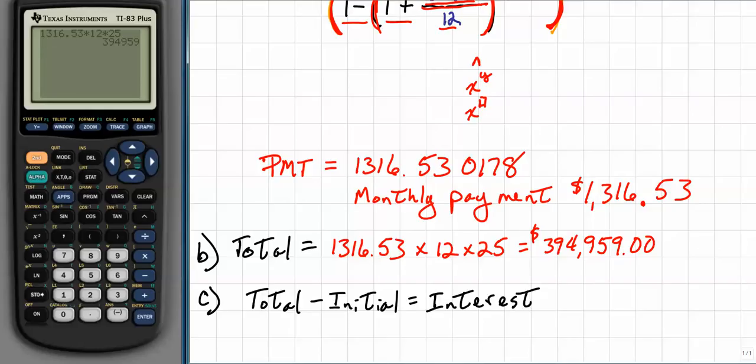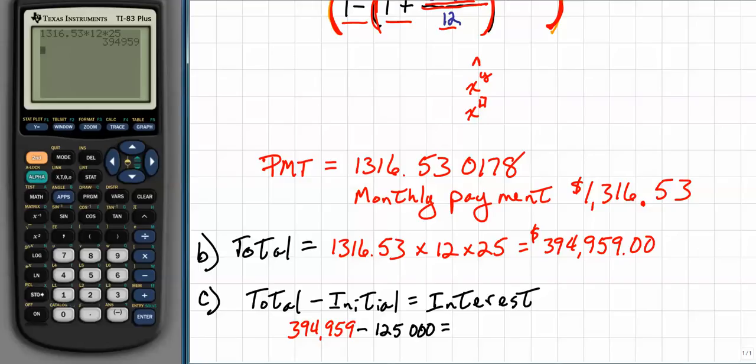So we'll take the $394,959 and we will subtract from that $125,000, and that's going to give us the interest paid.